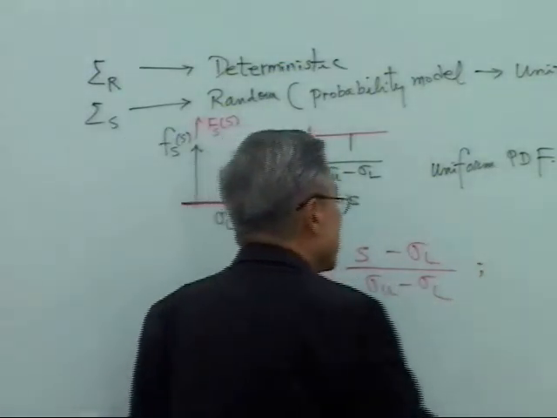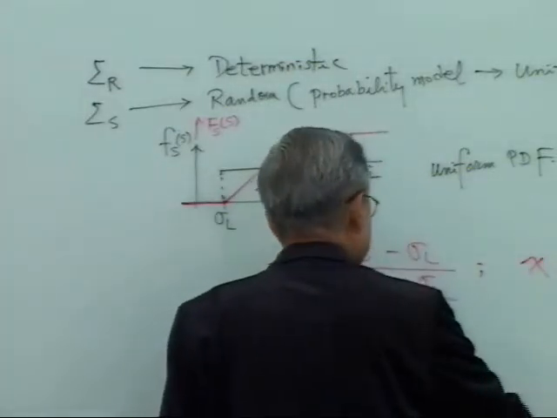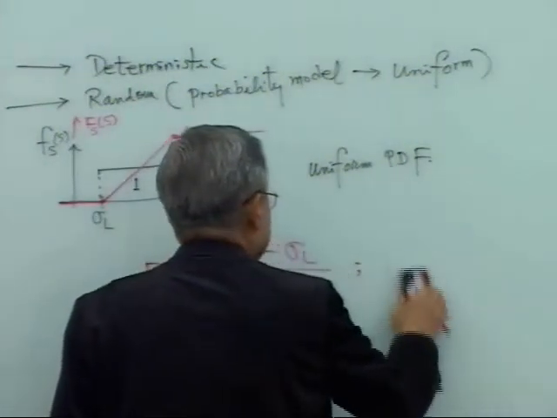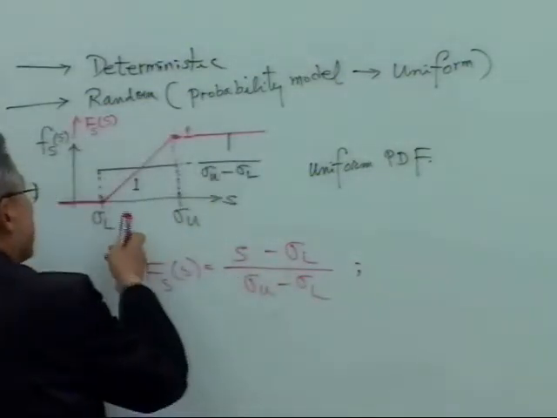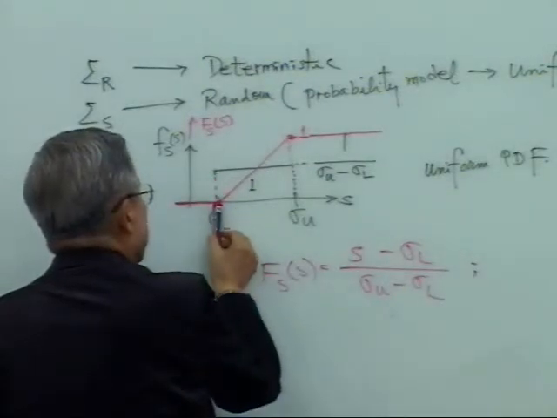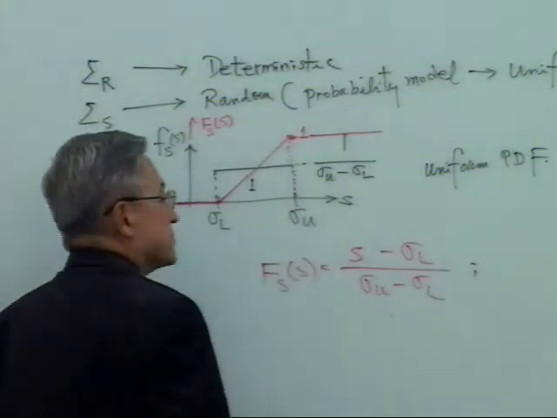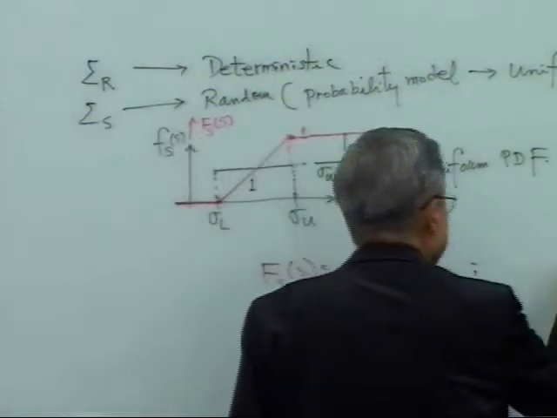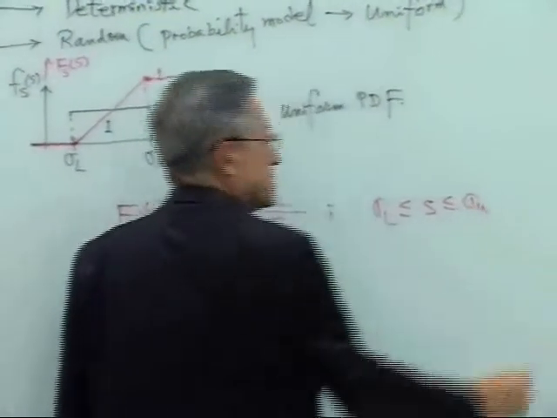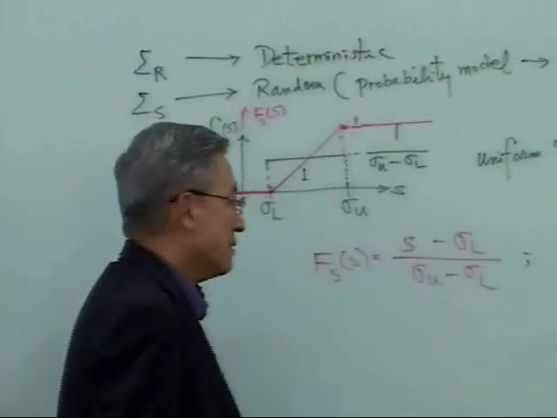Usually, in this case, the density is not 0 only in the effective region, S equal to sigma L up to S equal to sigma U. So in this case, S is between them. That's the effective region. All other places equal to 0.